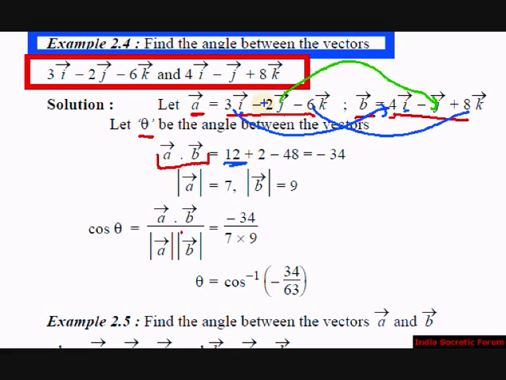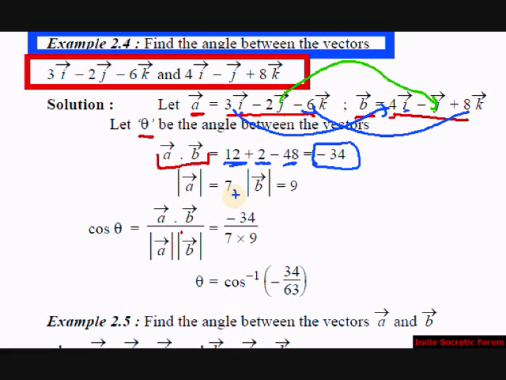So all we do is just multiply the numbers. So minus 2 into plus 1 is minus 2, minus 6 into plus 8 is minus 48. So adding up, minus 34 is the answer. So A dot B is going to be minus 34.